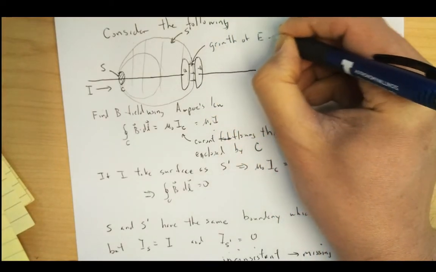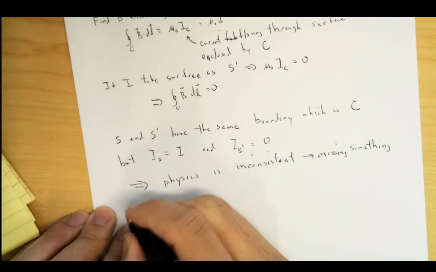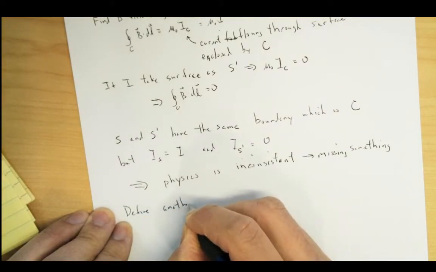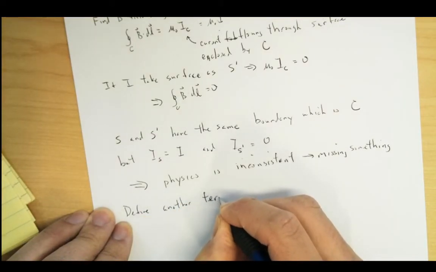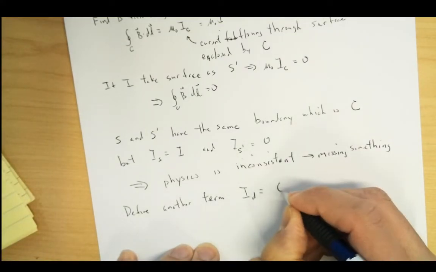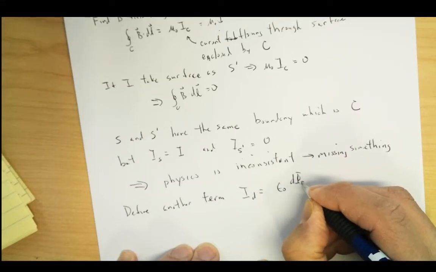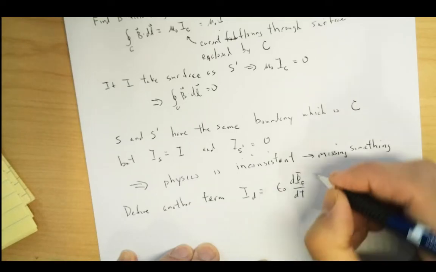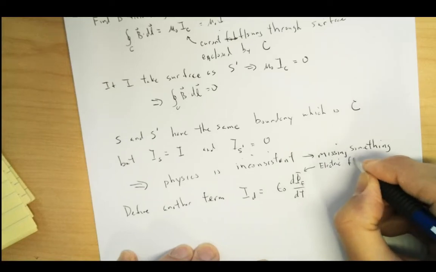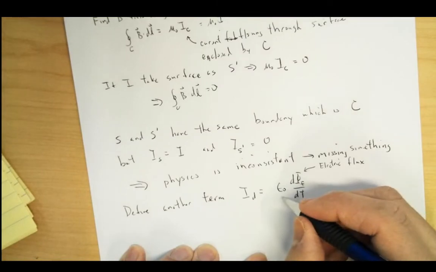of E field. So I'm going to define another term. I'll call this I_D is equal to epsilon 0 d phi E dt. So this is the electric flux, because that is changing. Actually, I'm just building up my electric flux. This epsilon 0 is the permittivity of free space.